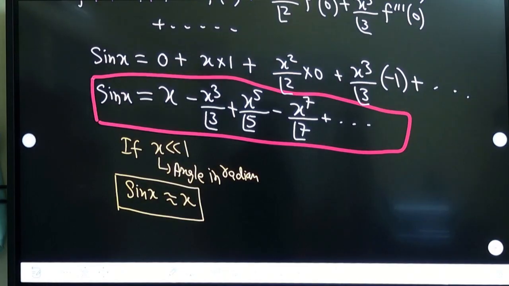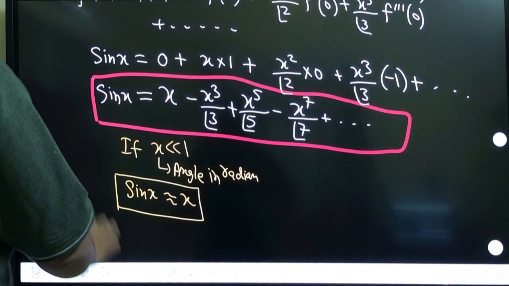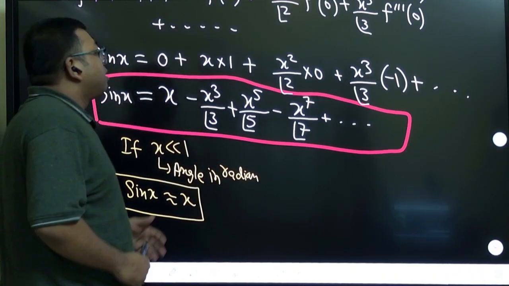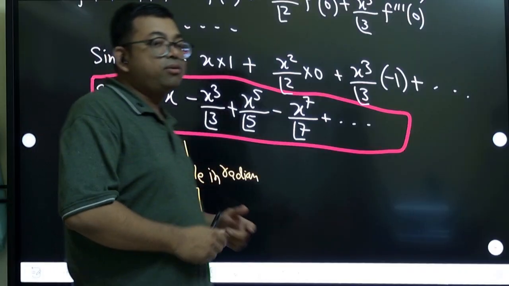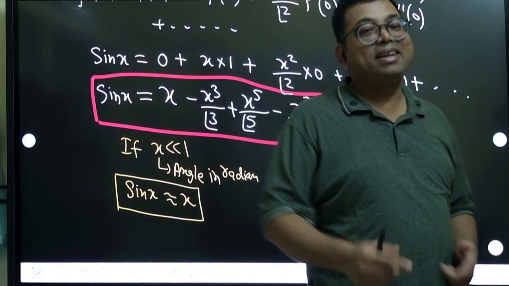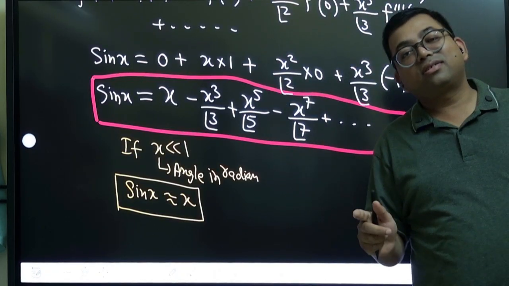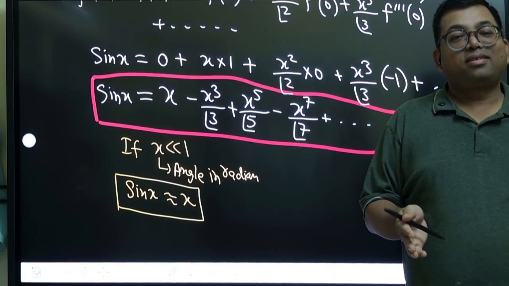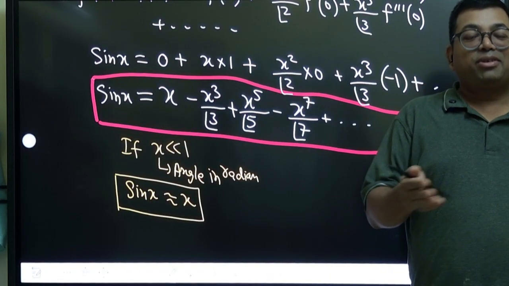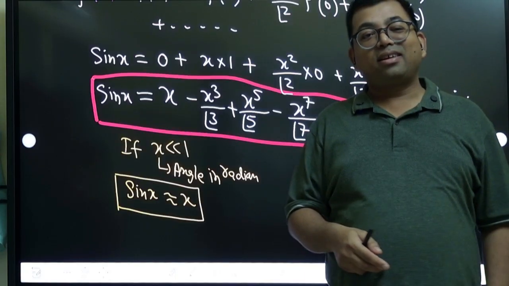So I have just written the expansion of sin x, but you can now use that idea to write the expansion of cos x, tan x, whatever function you have. E power x, ln of 1 plus x, all these things can be expanded using Maclaurin's expansion, because log and other expansion formulas are there.